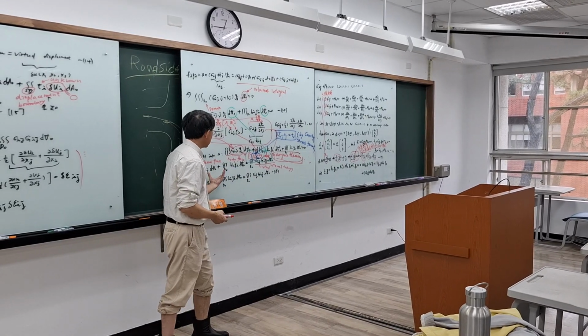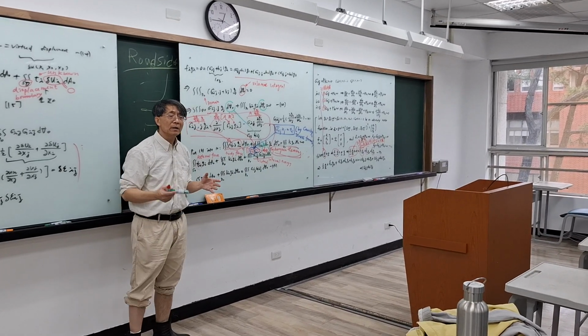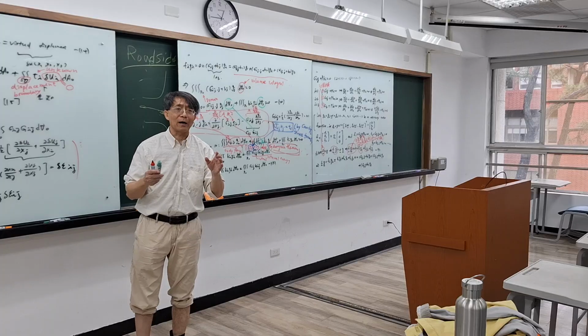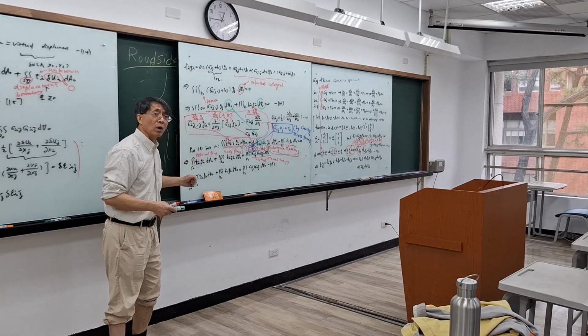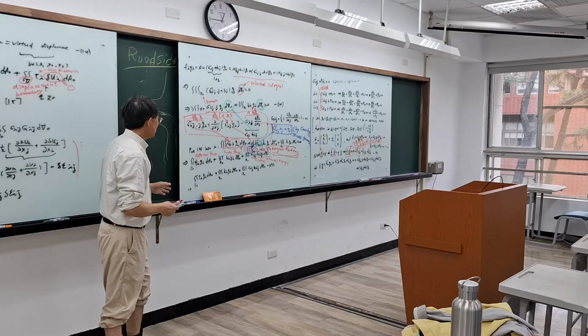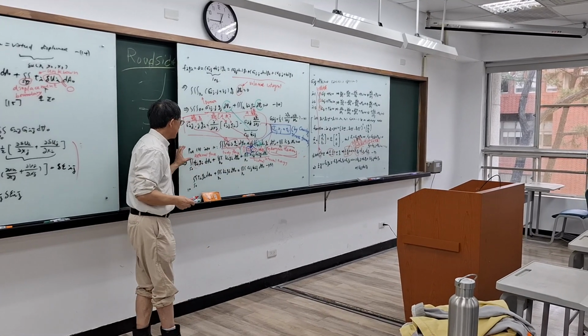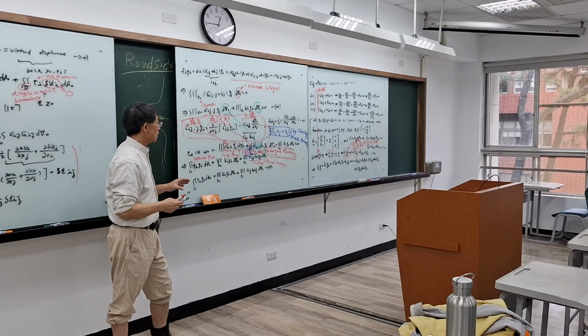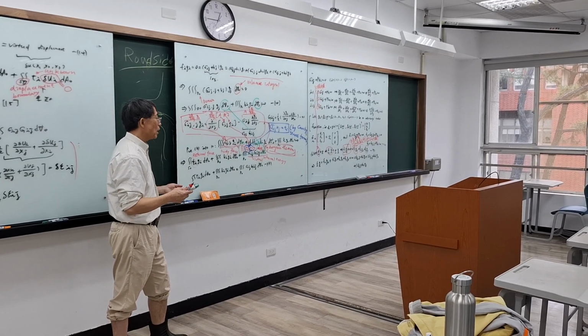Okay, so we related the work to the internal energy by this formula. But this energy is virtual energy, and this work is virtual work. Okay, so with this formula at hand, we basically have the general form of the virtual work principle.